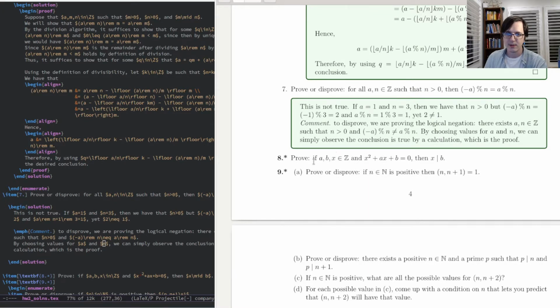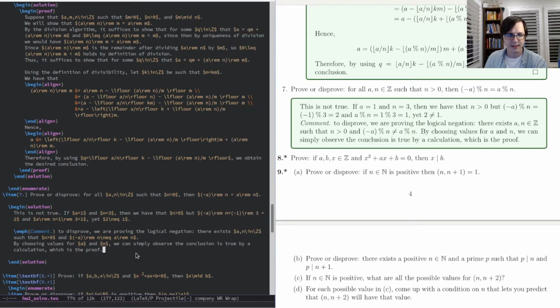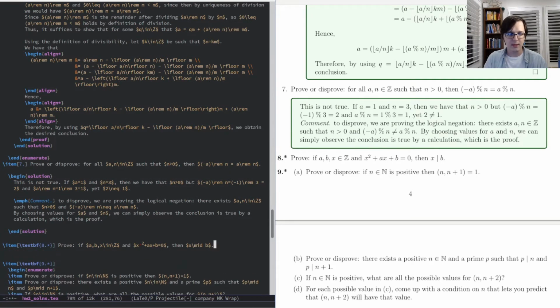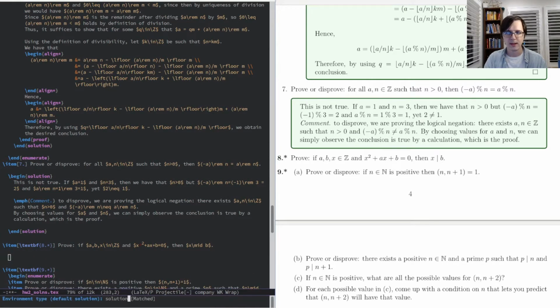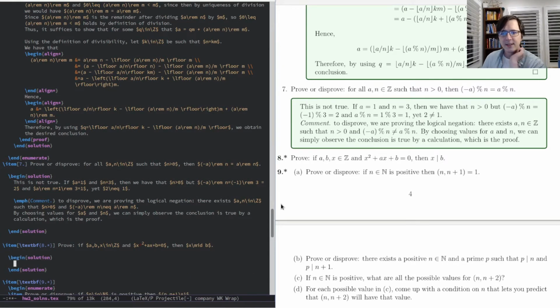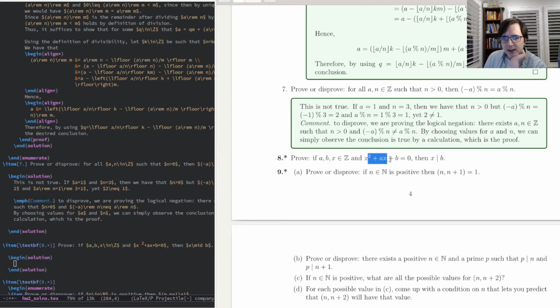Okay, so let's prove this next one. This is if we have a quadratic polynomial, and if x is an integer root, then x has to divide the constant term. This is a really nifty way for finding roots of polynomials, at least if you want the root to be an integer.